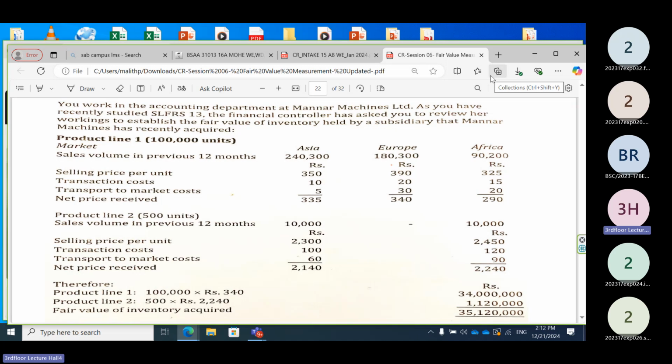And the transport cost 5. Fair value is 350 minus 5, into 100,000.